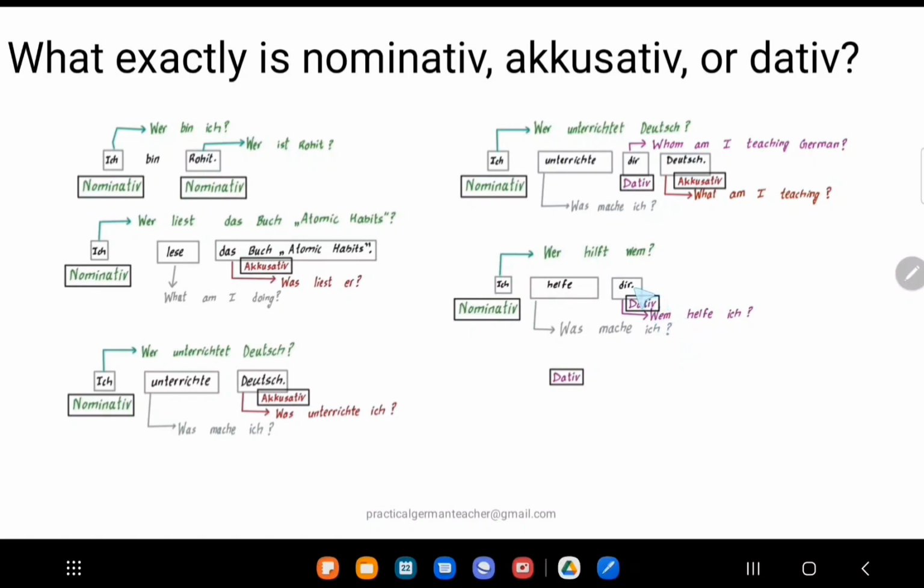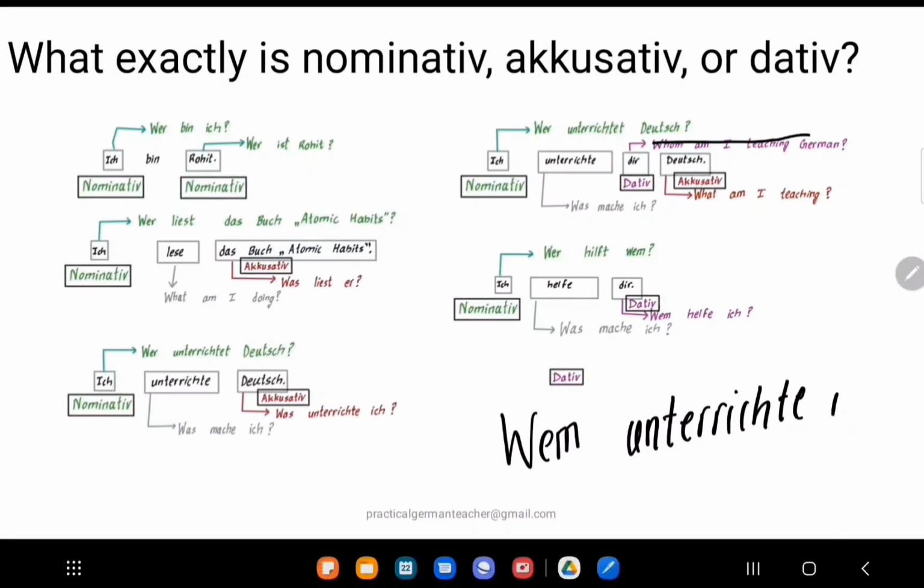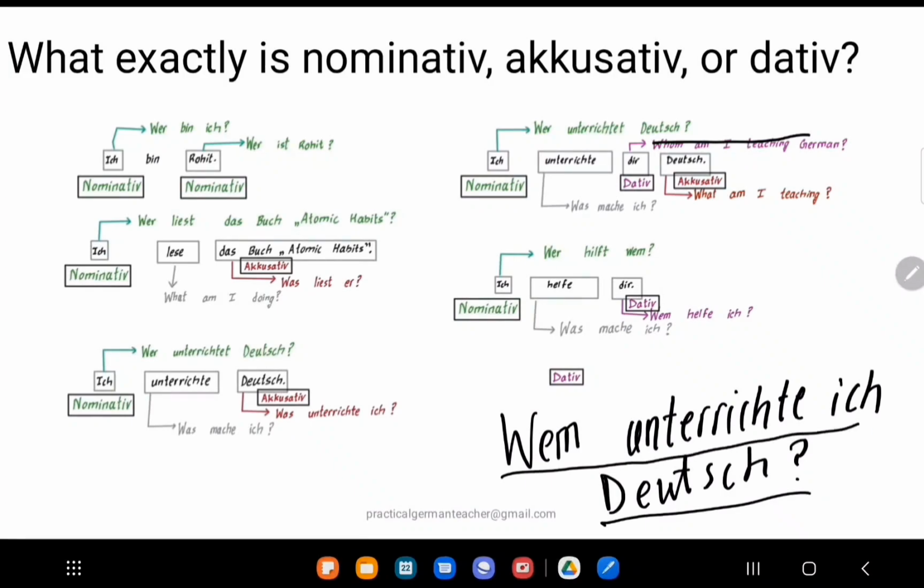Because wem, that's why dative. Ich unterrichte Deutsch. But if I say ich unterrichte dir Deutsch, so dir: whom am I teaching German? I think I forgot to replace this with German, so it will be wem unterrichte ich Deutsch. I hope you get it.